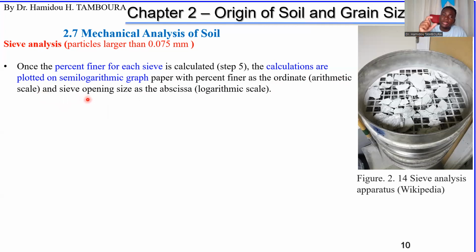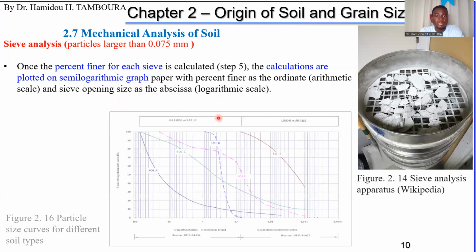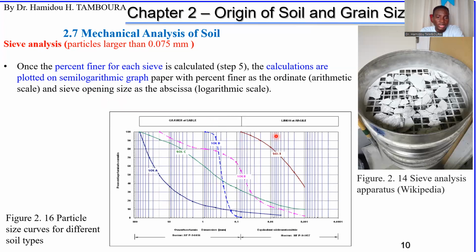And then the sieve opening size, we place it on the x-axis, which should be logarithmic scale. So that's why it's semi-logarithmic. Y is normal arithmetic scale, and the x-axis is logarithmic scale.